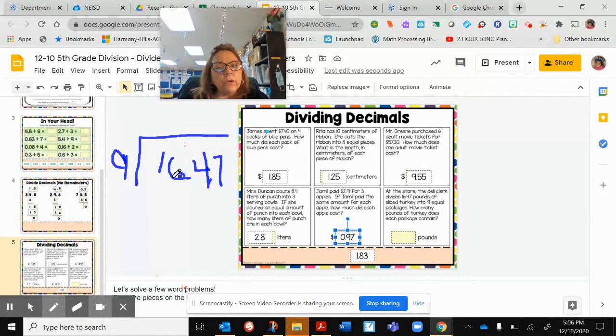Okay, so I have 9 groups. If I take my 16, how many will go in each group? Very good. It'll be 1. 9, I have 1, 10. It can't go into the 9. But I have 16 ones, and it can, 1 time. I'm going to multiply, my imaginary multiplication sign. 1 times 9 equals 9. And I'm going to subtract that out. And so what is that? Very good. That's 7.